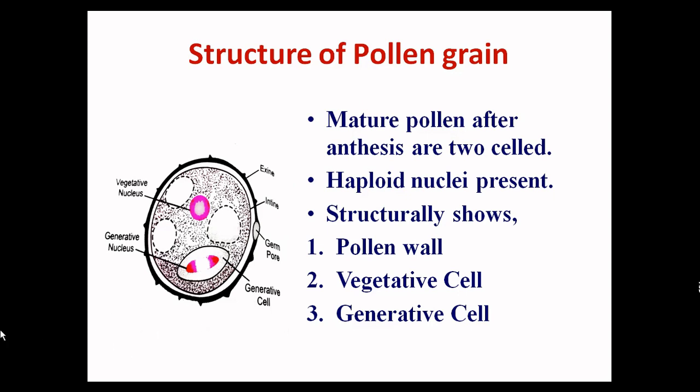The mature pollen after anthesis is two-celled, that is it has a generative cell and a vegetative cell having their own nuclei. Both of these nuclei, of the generative cell as well as the vegetative cell, are haploid. So structurally this pollen grain shows the pollen wall, which again has exine and intine, then the vegetative cell and the generative cell.